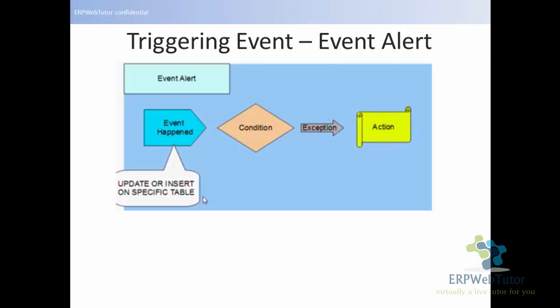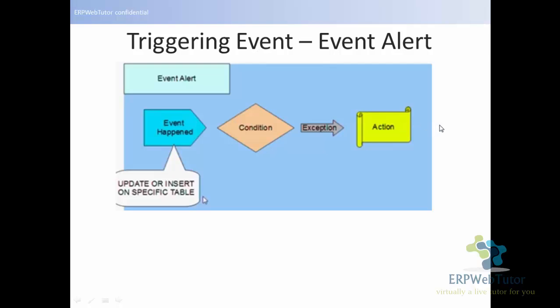There is a table called FND_USERS, and a record gets inserted into the table. So I can define an event-based alert when an insert happens into the FND_USERS table. My condition will evaluate that there has been a new insert. I'm trying to catch the exception, and based on that, I'm going to take an action, which could be an email.